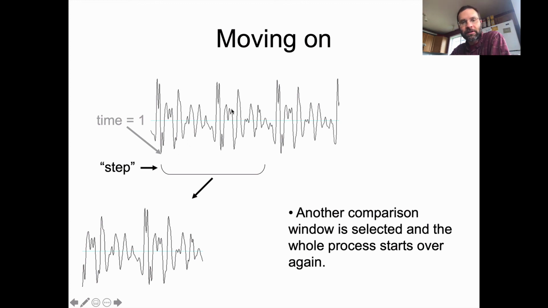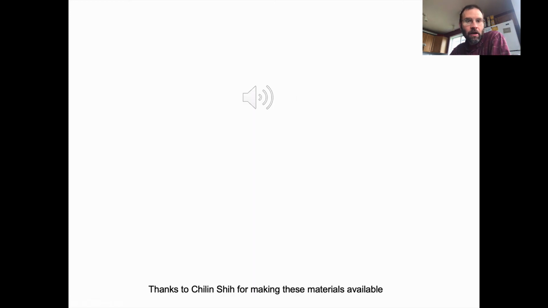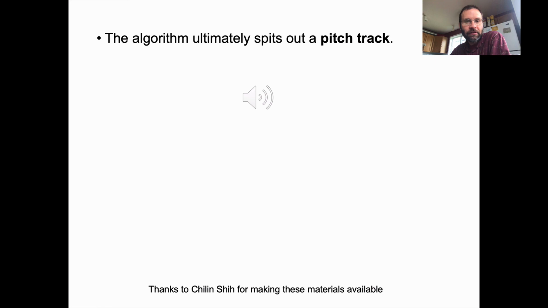And then it would go through this entire comparison process again, where it's picking other windows down the line to figure out what the period is from here to wherever, right? So it has to do that going through the entire waveform, which is why you don't want to have processes in here that take you forever to do, basically, because it's got to repeat a lot. You want this to be relatively efficient. Lucky for us, with modern computers, it's relatively easy to do this very quickly.